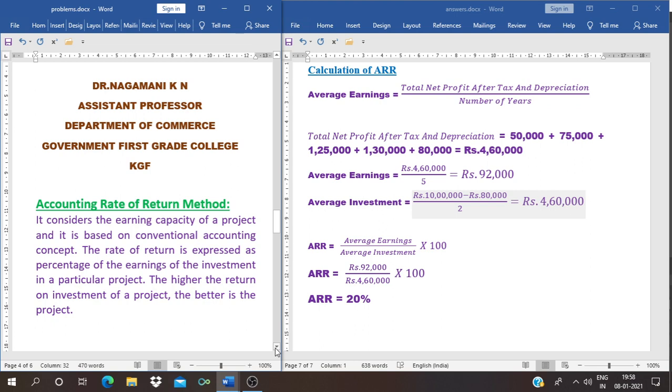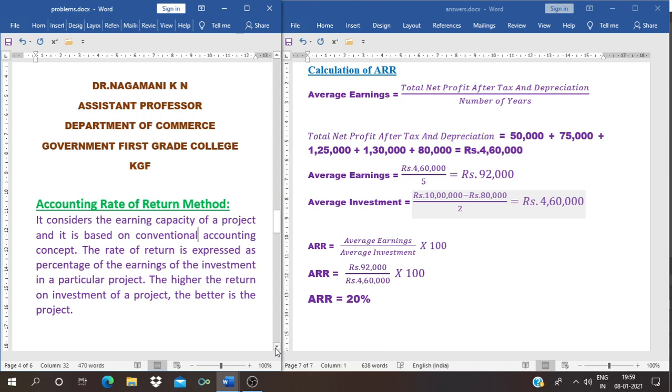What do you mean by conventional accounting concept? Here, conventional accounting concept means customs or usages followed by accountants. It is a guide in the preparation of financial statements. That is called the conventional accounting concept.